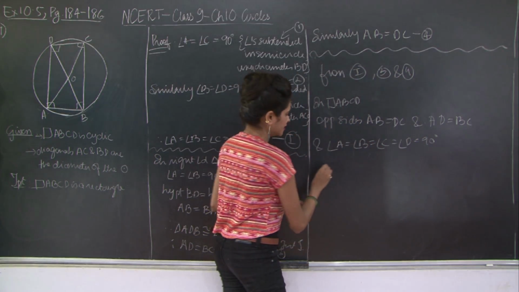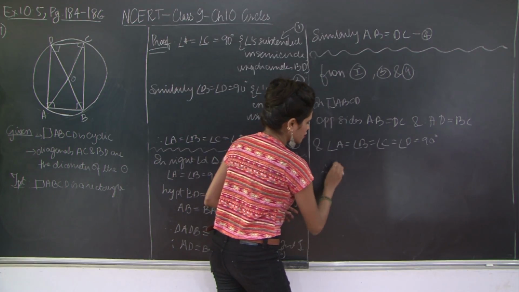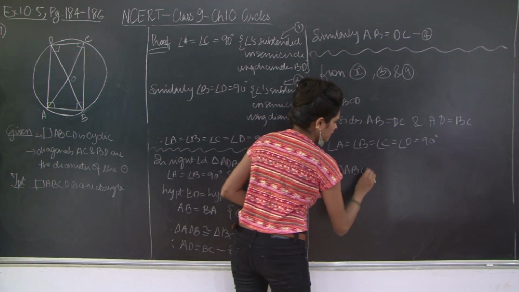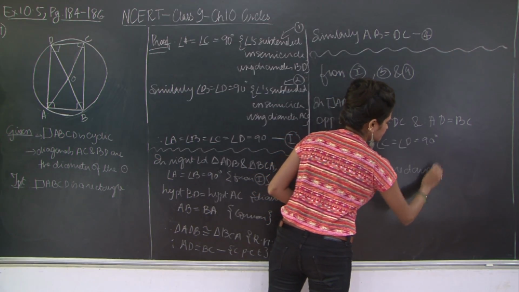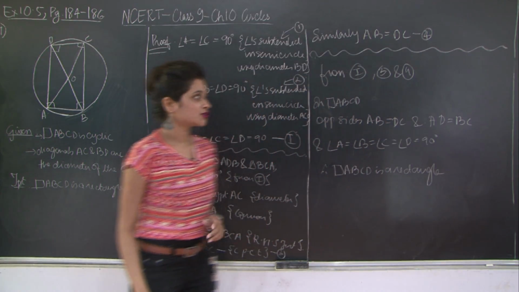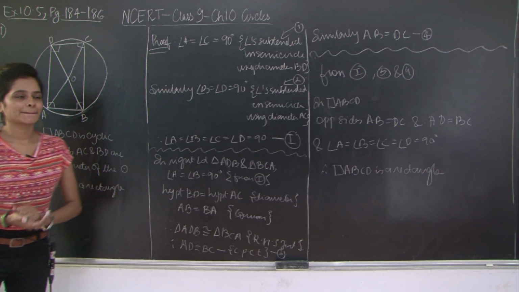Therefore, what can I say? Therefore, quadrilateral ABCD is a rectangle. Hence proved. So please take a look at the solution or the proof.